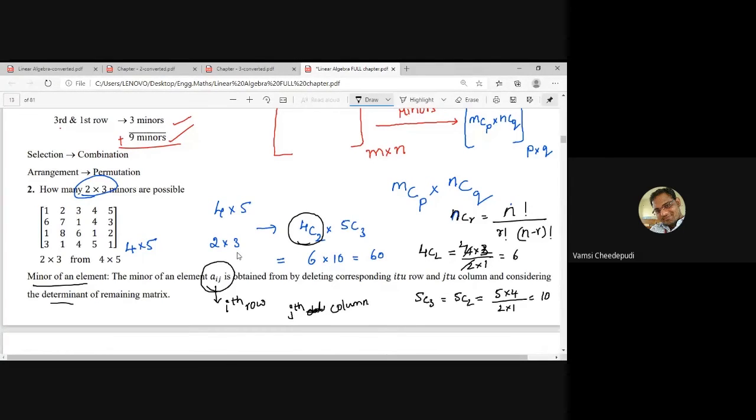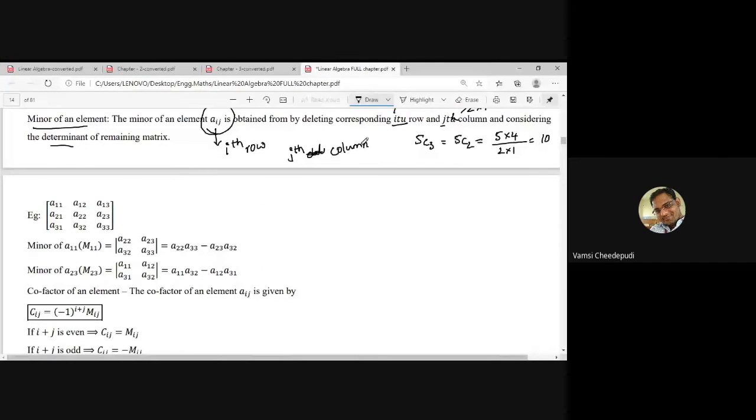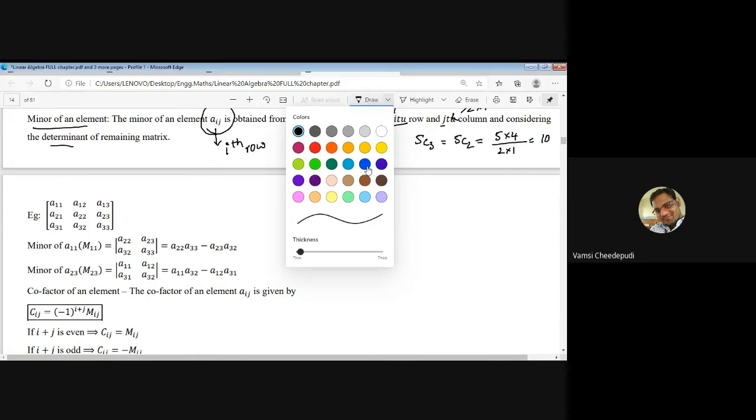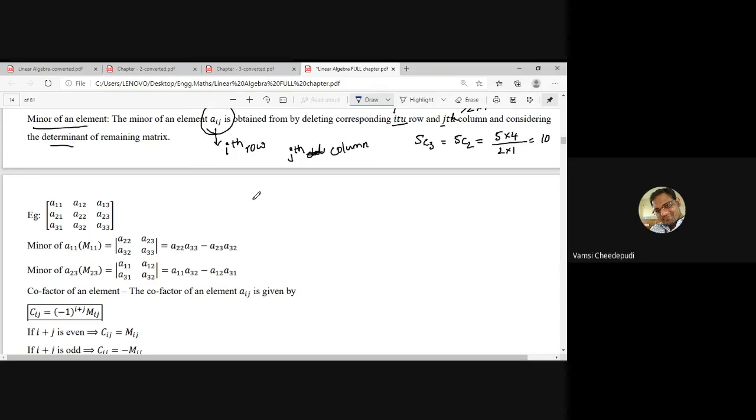The minor of an element Aij is obtained by deleting the corresponding ith row, jth column, and considering the determinant of the remaining matrix. Okay, before going to the notation, I want to take a simple example.